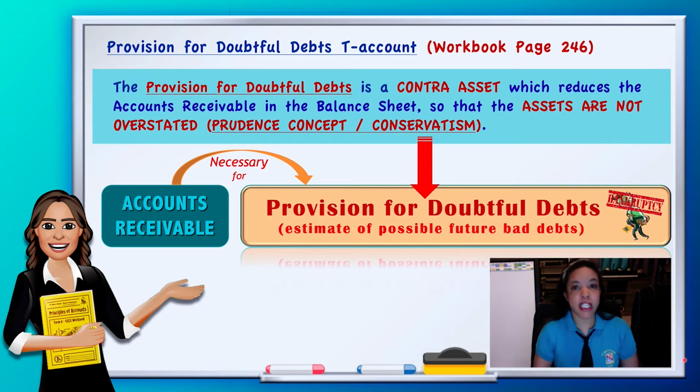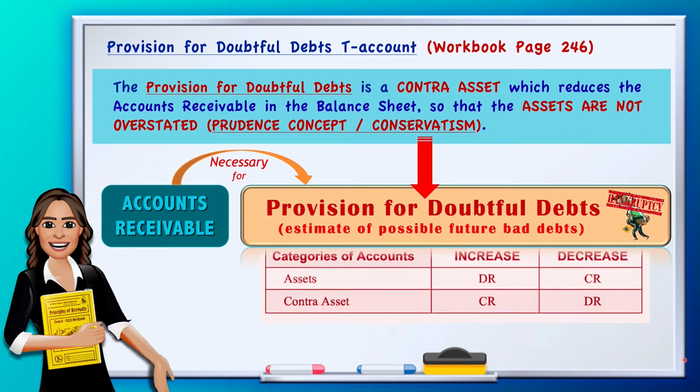But we are not going into the balance sheet as yet. We're not even going into the income statement. In the accounting cycle, we have our journal, and then we have our ledgers or T accounts. So today we are going to do the provision for bad debts T account.